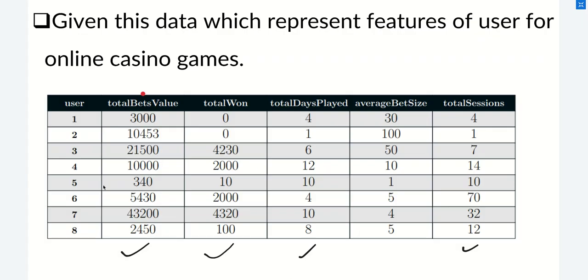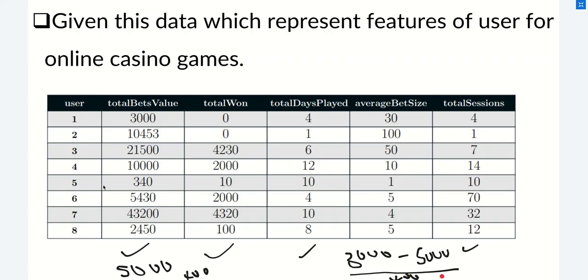So let's assume the mean is 5,000 and the standard deviation is, let's say, 400. Now what I'll do is take 3,000, then subtract the mean, which is 5,000. Then I'll divide everything by my standard deviation, which is what?